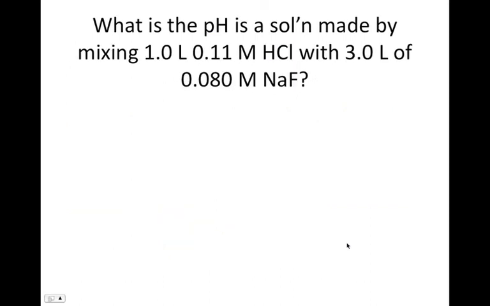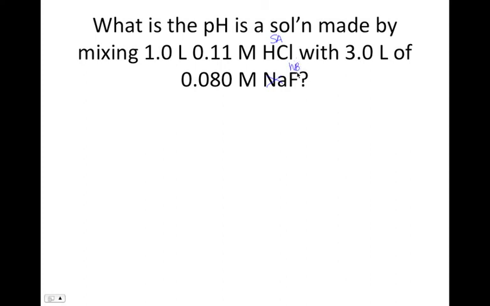Okay, what's the pH of a solution made by mixing 1 liter of 0.11 molar HCl with 3 liters of 0.08 molar NaF? So again, let's see what we have. We have a strong acid plus sodium fluoride. Well, sodium is a neutral ion, but fluoride is the anion of a weak acid, which makes it a weak base.